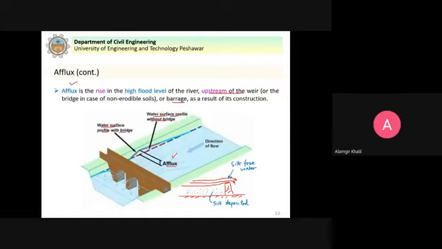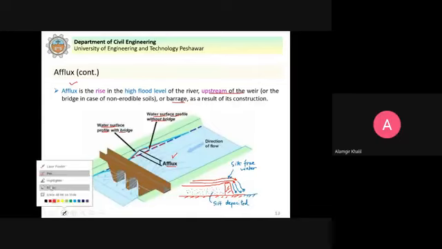Now when this silt free water flows over the weir, or also in case of barrage, it will pick up the silt from the bed on the downstream river channel. So on the downstream, it will try to cause scouring. It will pick the sediments from the downstream because it is silt free.